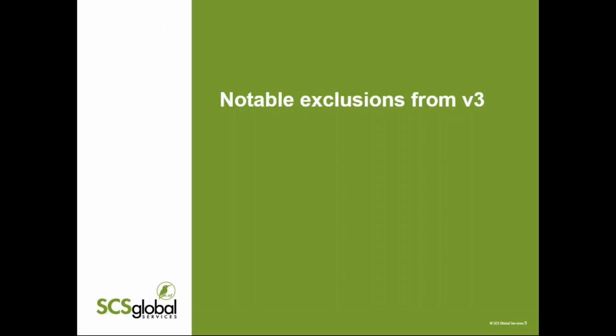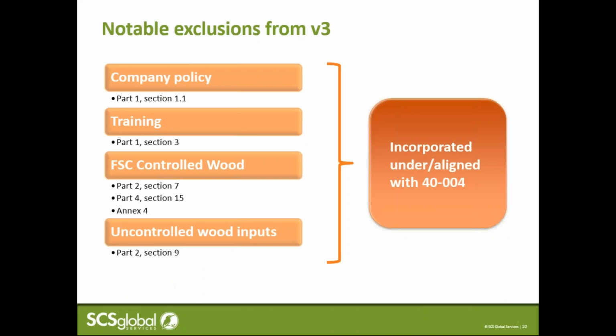It's also worth pointing out some of the more prominent exclusions from version 3 of the FSC controlled wood standard. With version 3, the company controlled wood policy, relevant controlled wood training, the purchase and sale of material with an FSC controlled wood claim, and the handling of uncontrolled wood inputs will not be governed by the FSC controlled wood standard.